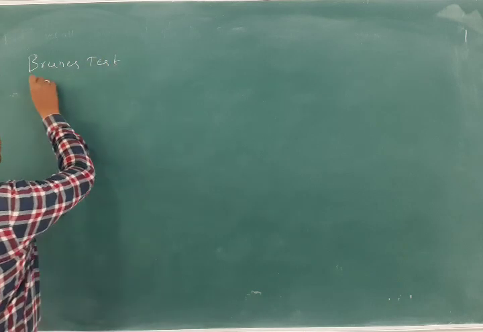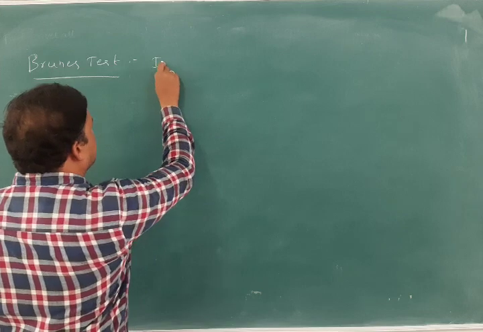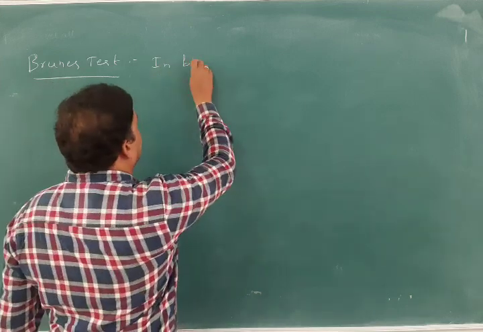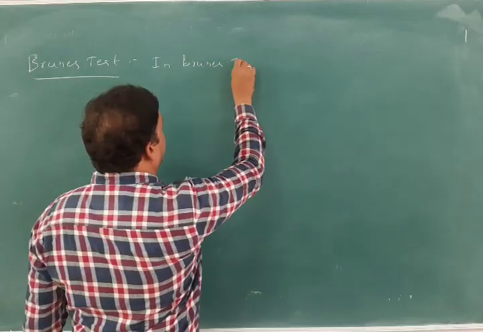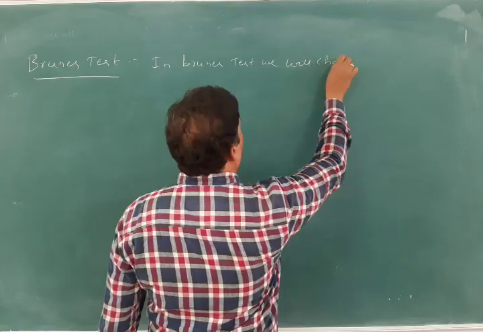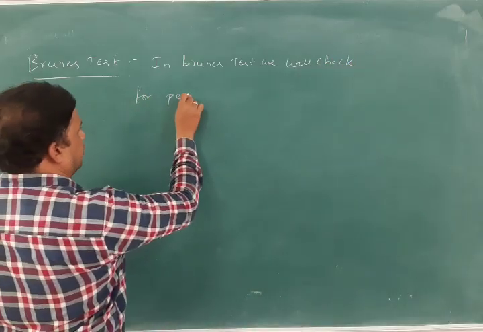In the Bruns test we check for the permissibility of the combination.